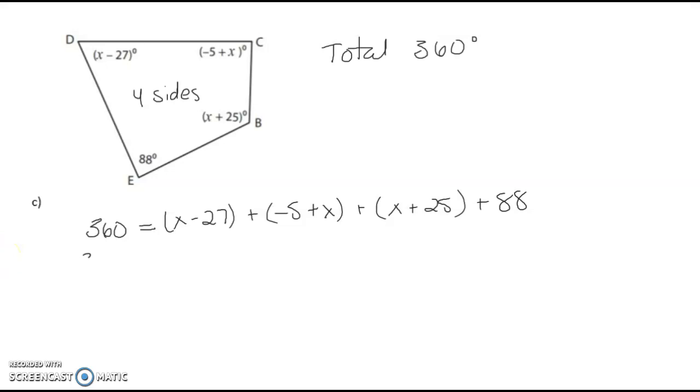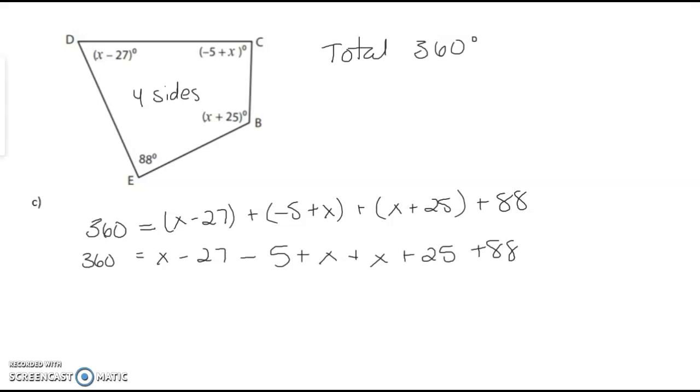And we're gonna solve for X. So 360 equals X minus 27 plus -5, okay? But instead of writing plus -5, positive and a negative, make a negative. Okay, then plus X plus 25 plus 88.